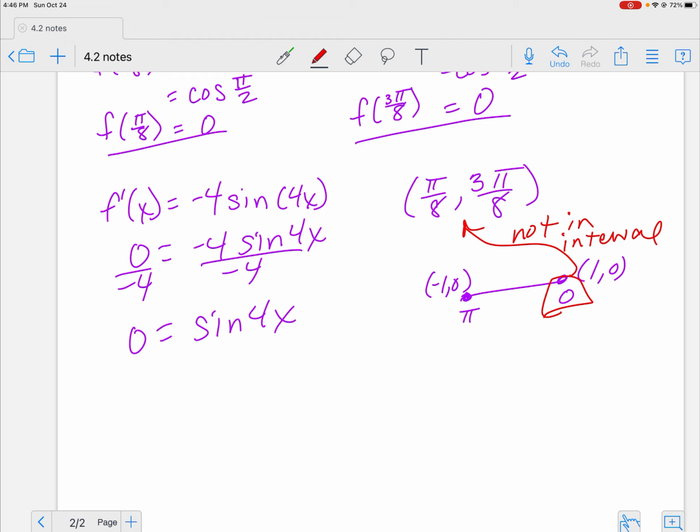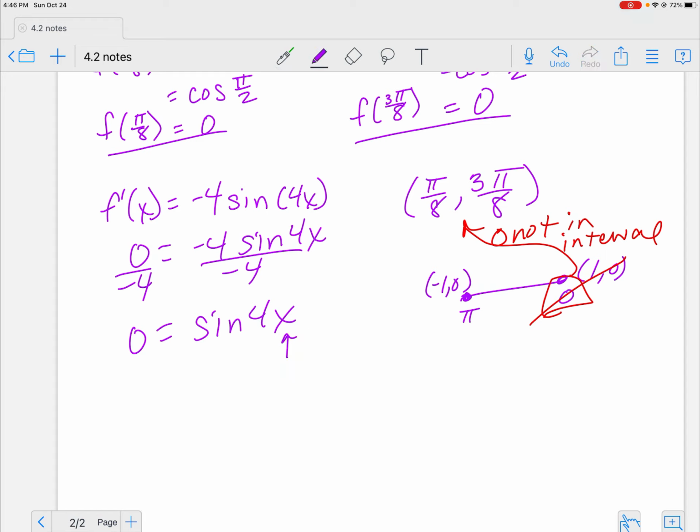So let me put a 0. 0 is not in the interval, so I can't use 0 in this instance. So my question to you is, what value of x do I use in order to get a pi out of this deal? Like, what can I plug in for x so that I'm looking at the sine of pi?